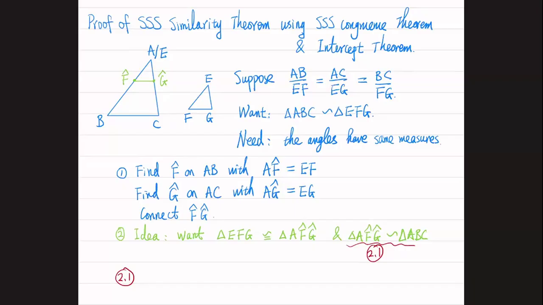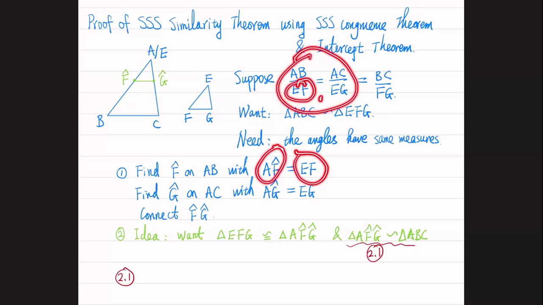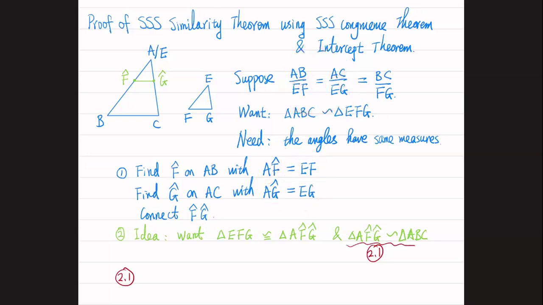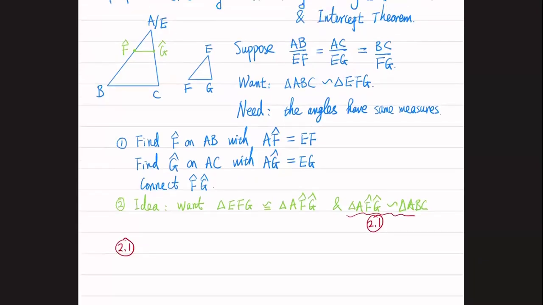Okay, so in this equality, I can replace EF with AF, and replace EG with AG. Let's see what we get. I'm going to copy this one first, then do the replacement. AB over EF equals AC over EG.